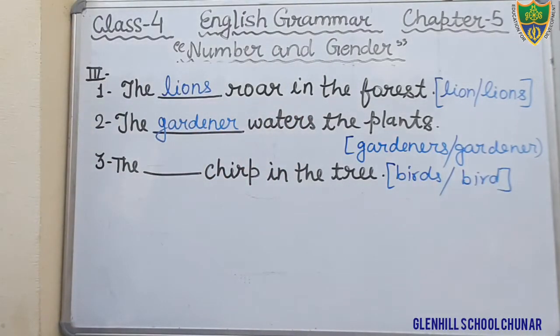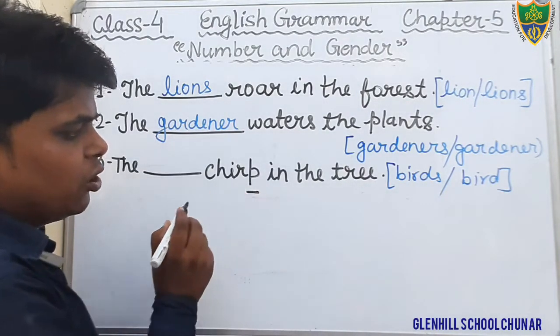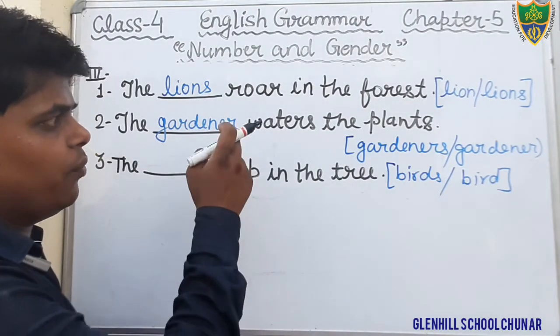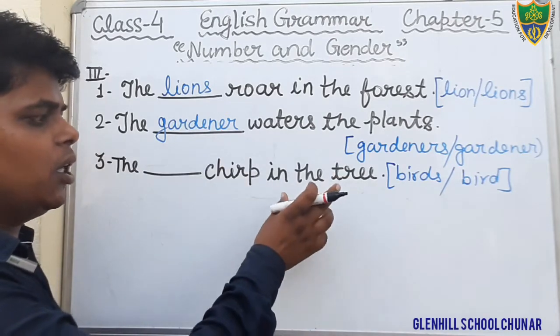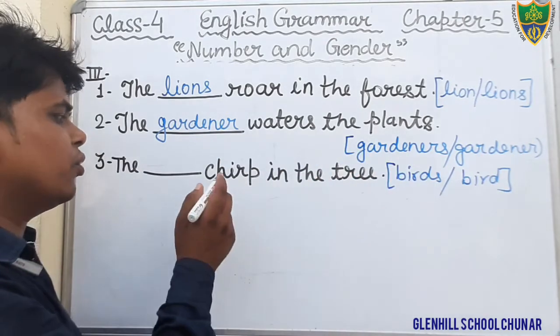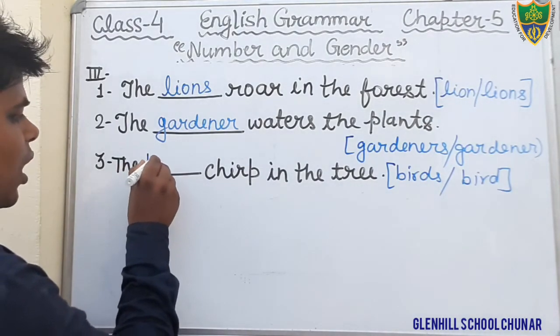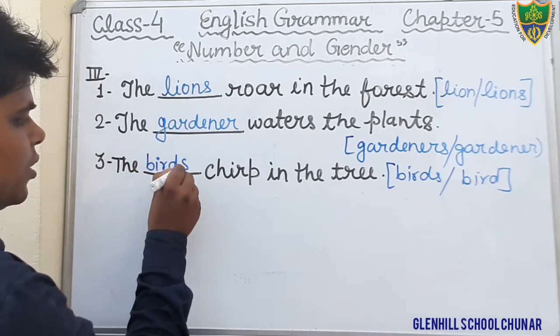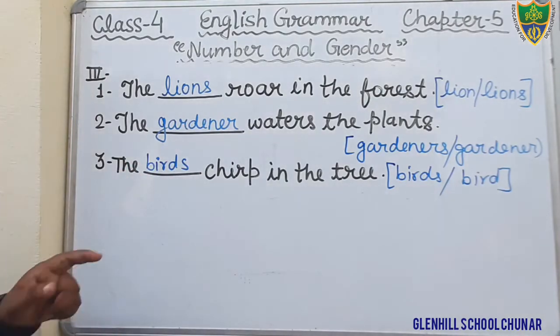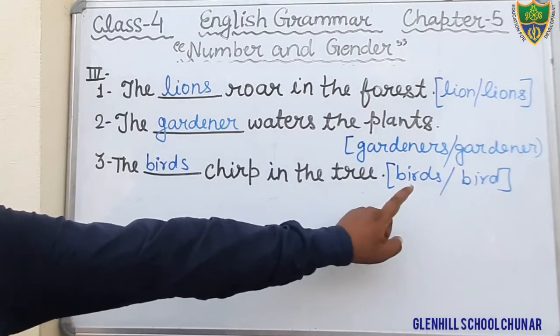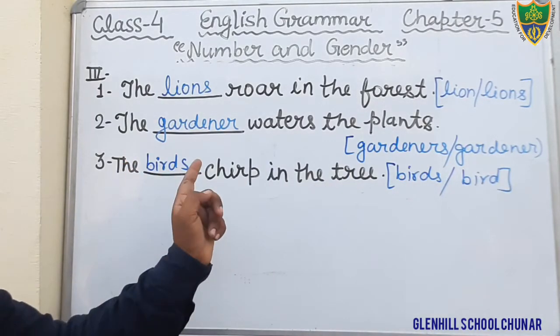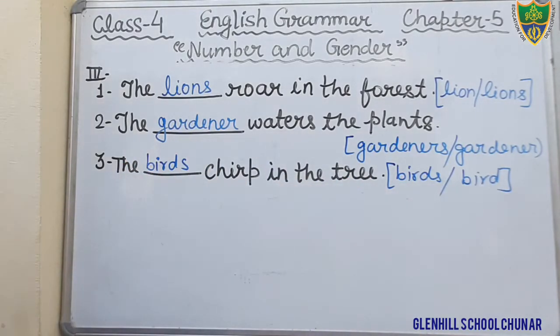Here you have to think whether it is singular or plural. The verb is given in plural form, therefore we will also write the noun in plural. Okay, birds. The birds chirp in the tree.